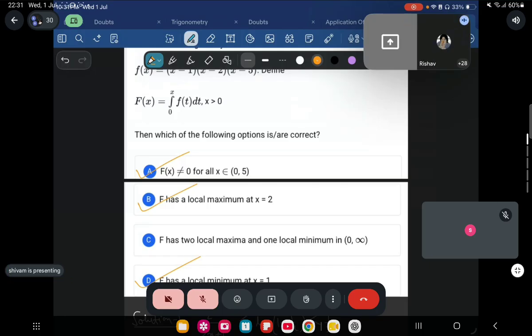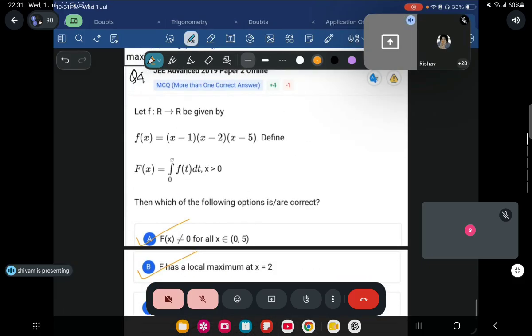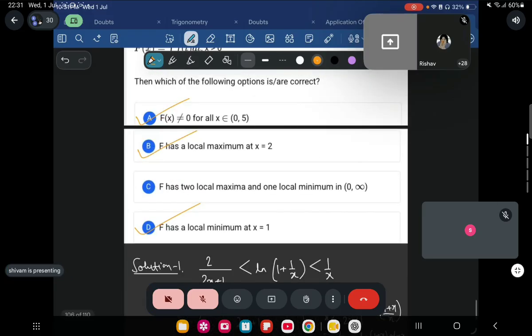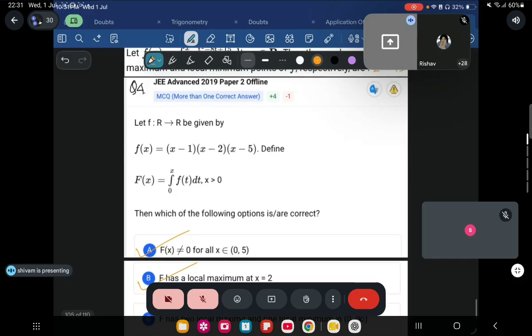So could you solve only part A? Only part A. It's given f of x is not equal to 0 for all x belongs to 0 comma 5.